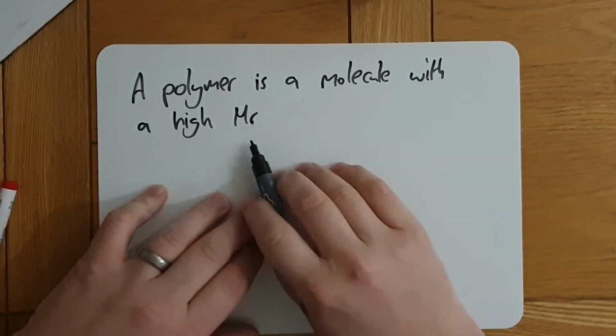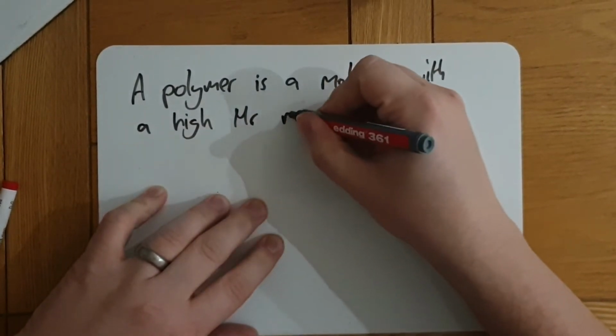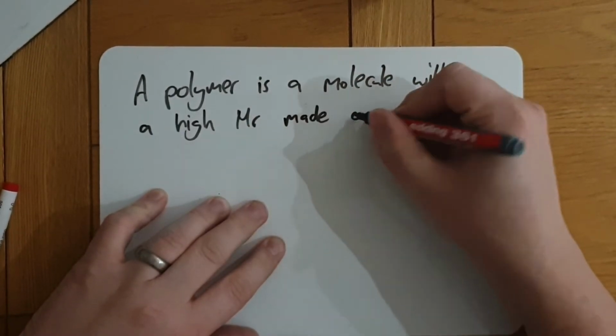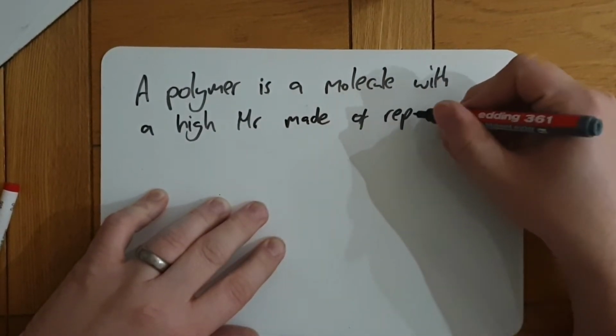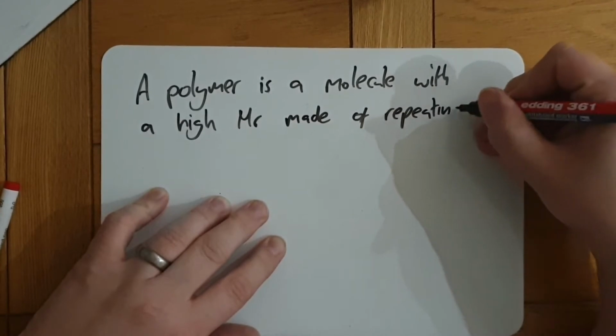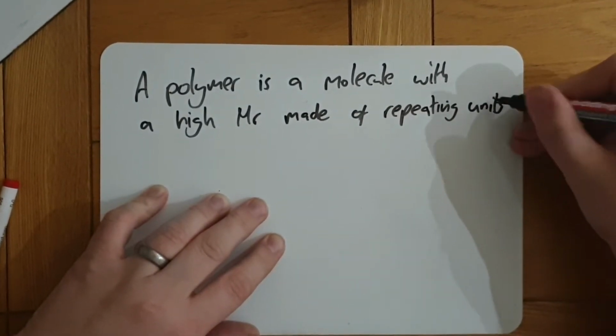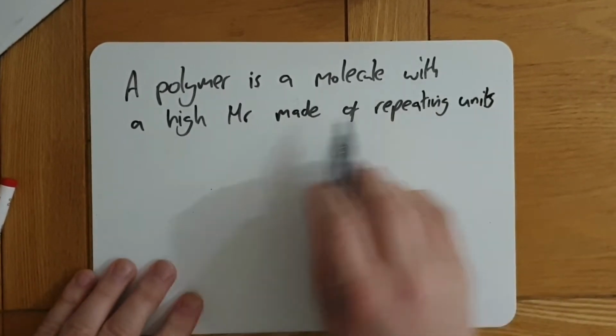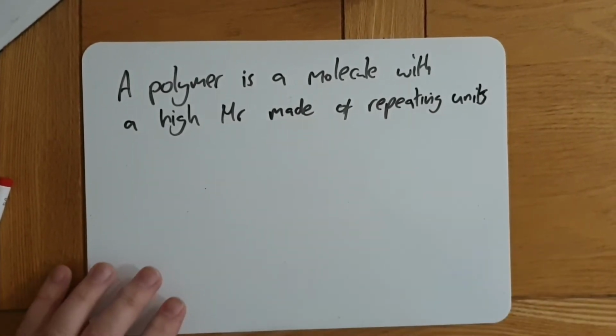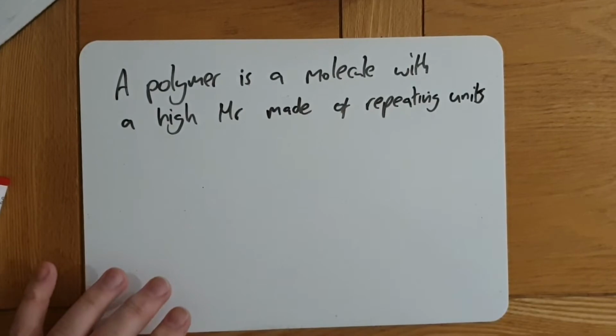So a polymer is a molecule with a high MR made of repeating units. That's the definition of a polymer.